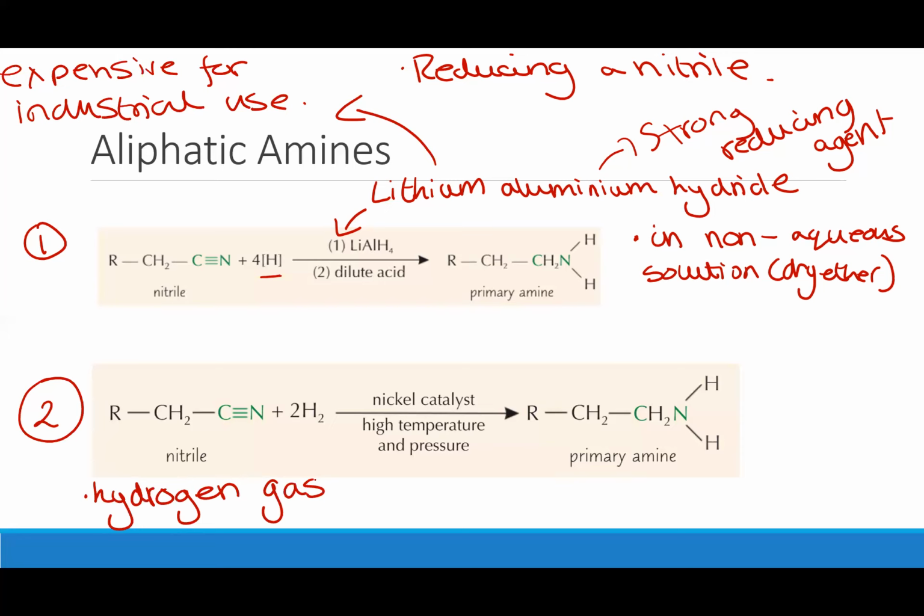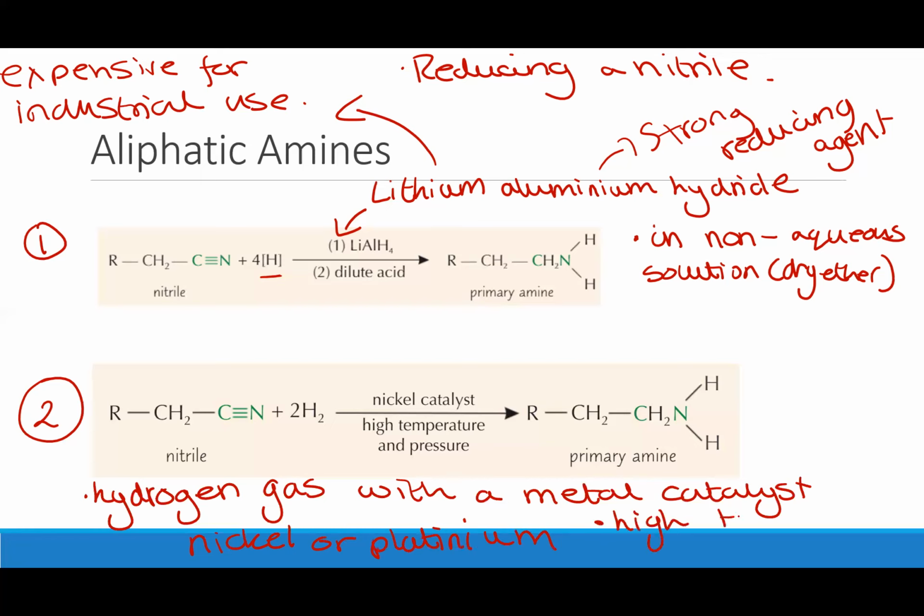with a metal catalyst. So we might use, for example, nickel, but it can be nickel or platinum. Could be something else as well, but platinum is the one we use most often. We do this at a high temperature and a high pressure, so that's important to remember. So it's done at a high temp and high pressure.